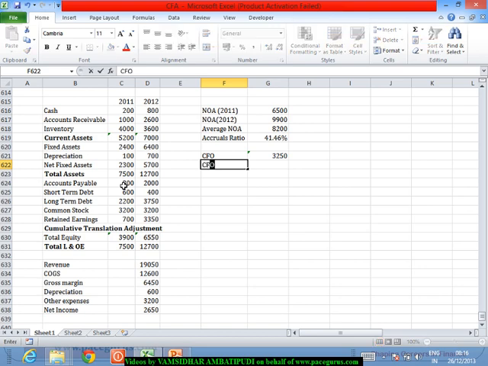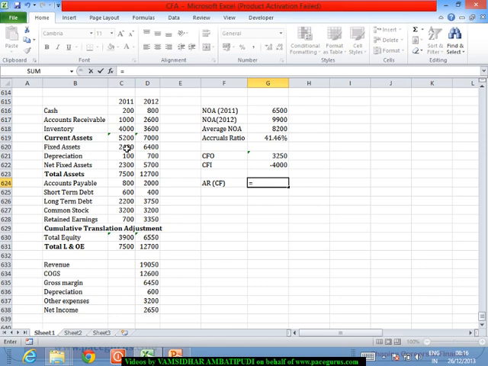And when I look at cash flow from investments, it comes out as the negative of increase in fixed assets, giving me minus 4,000 as the cash flow from investment.